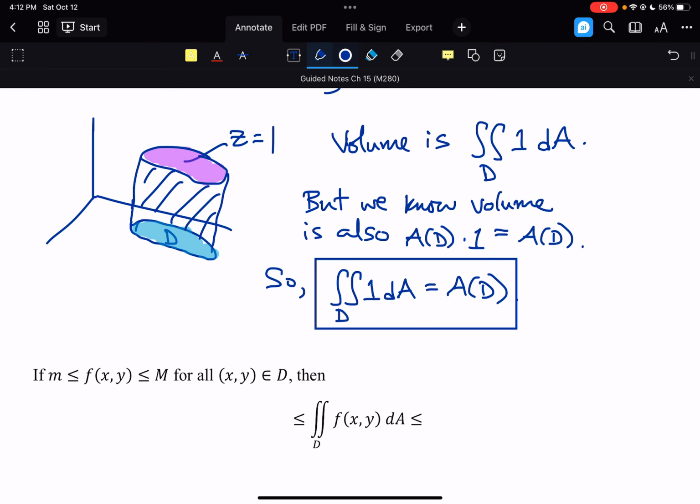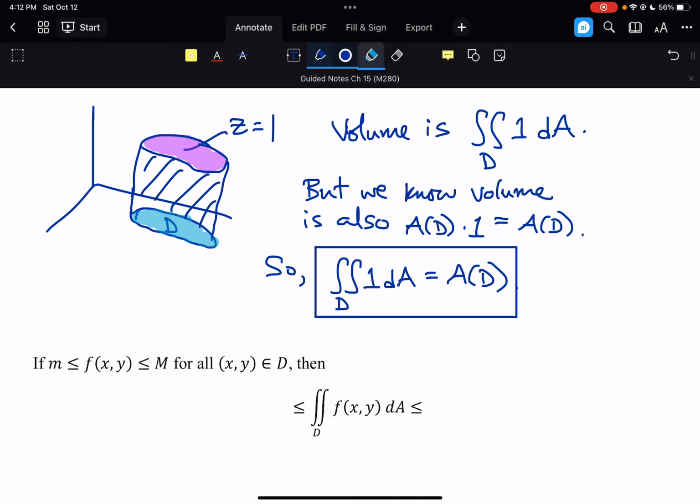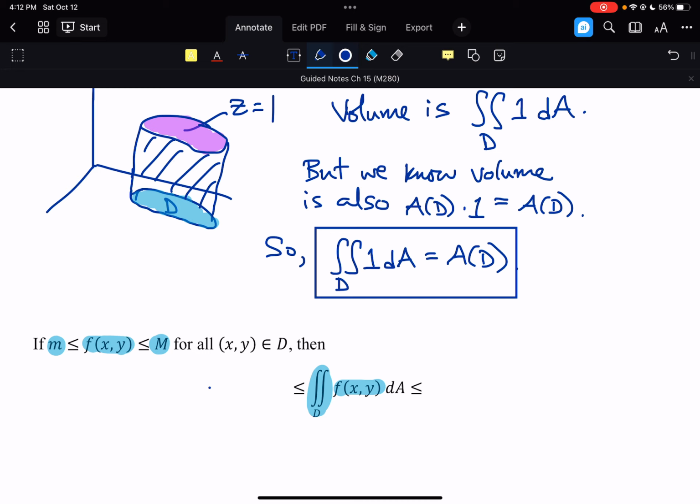One direct result of this property, in kind of our last idea here: if you have a function that is bounded below and above by little m and big M, then the double integral of the function, which is again the volume under this function, is going to be bounded between little m times the area of D and big M times the area of D. Basically, we have some function f that is bounded between big M and little m.